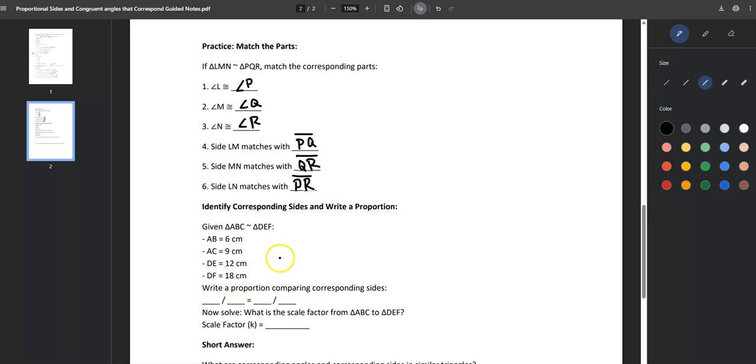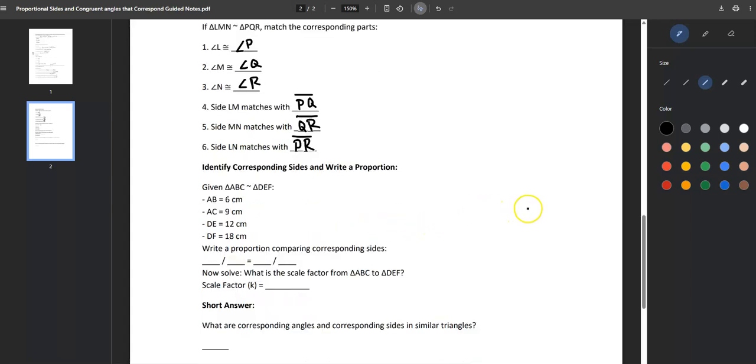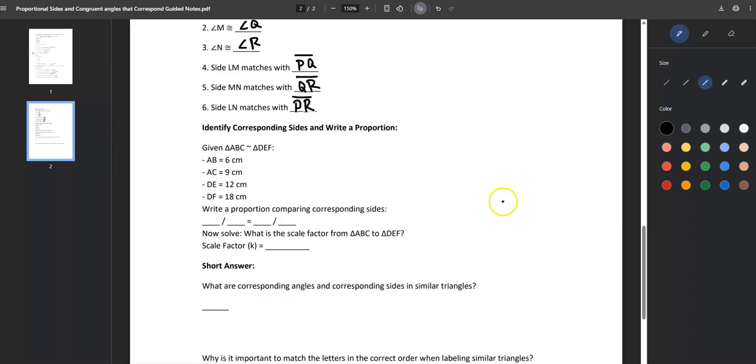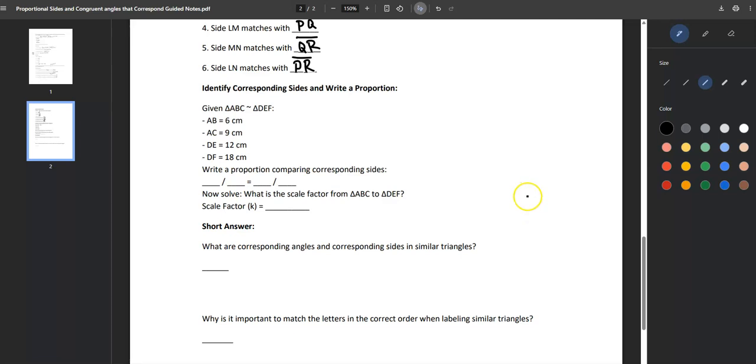Okay. So if we look at identifying corresponding sides and writing a proportion down here, I've got AB is 6 centimeters. Again, if you want to draw it, you can, but you shouldn't have to. And then AC is 9, DE is 12, and DF is 18.